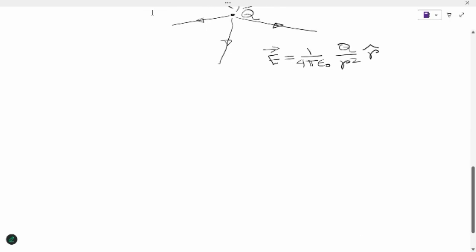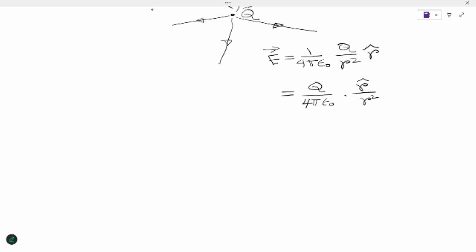So this is the form we were talking about. This is merely a constant Q by 4 pi epsilon naught, and this r cap by r square we are talking about.